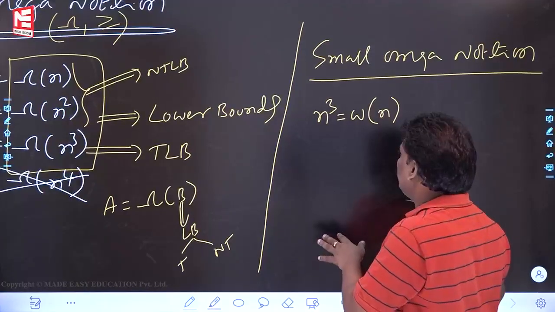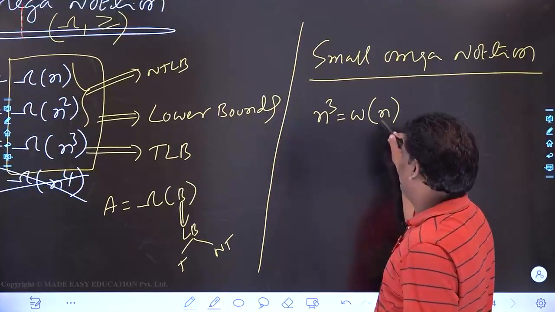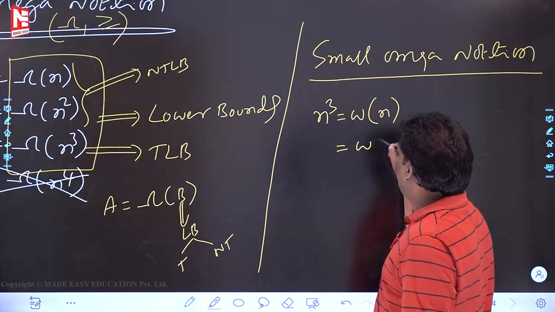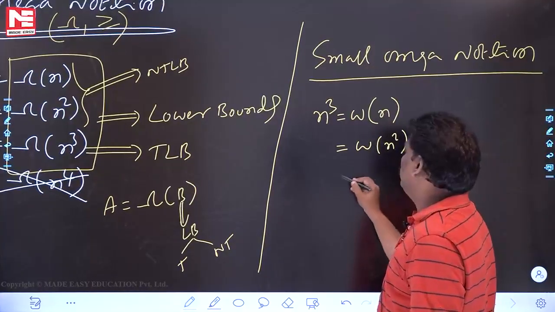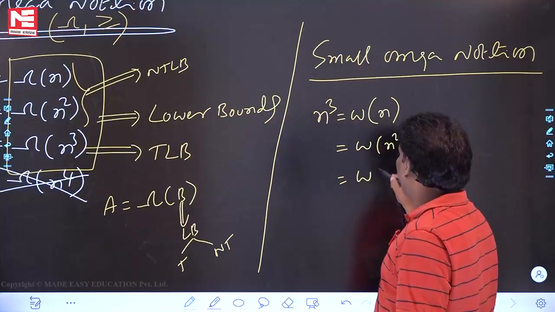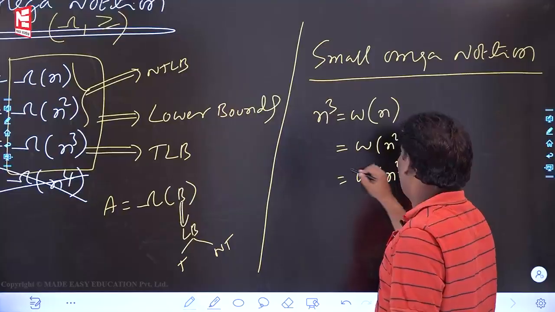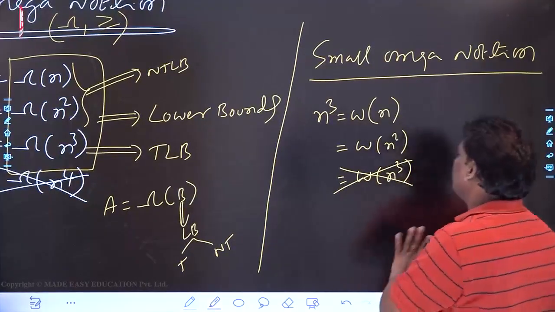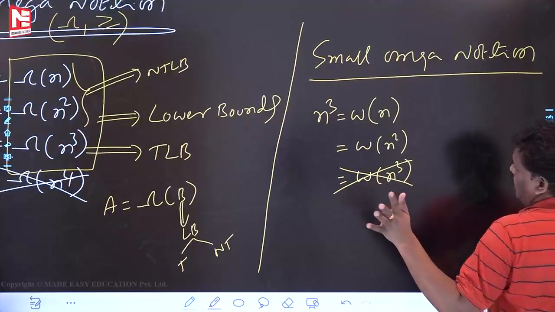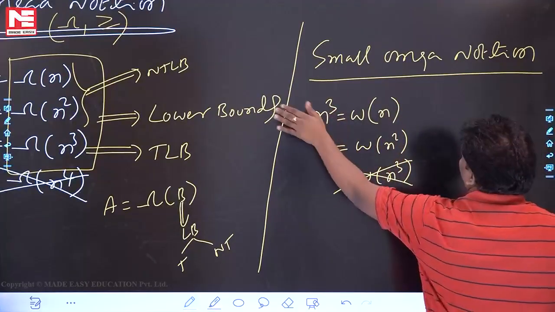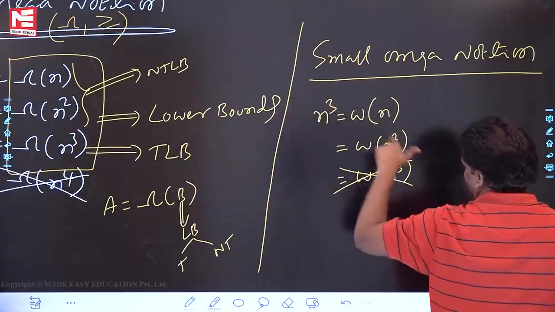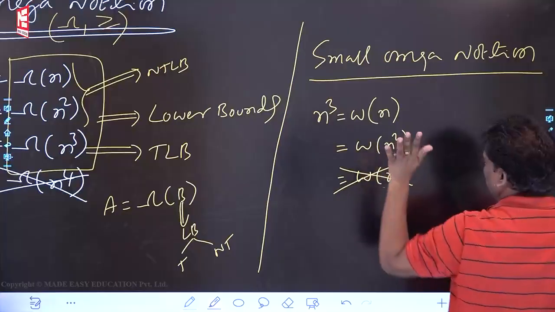Omega means left will be greater or equal. Fine. Next one, n cube is small omega of n square. That is also true. Next one, n cube is small omega of n cube is wrong. In the case of small omega, equals are not allowed. In omega notation, left will be greater or equal, but here, left will be strictly greater. Equal not there.